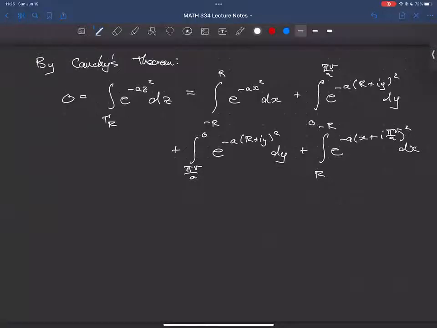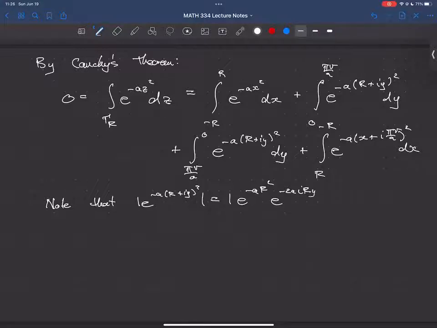Okay, so note that the modulus of e to the minus a (R plus i y) squared is equal to e to the minus a R squared, and then I have e to the minus 2a i R y.